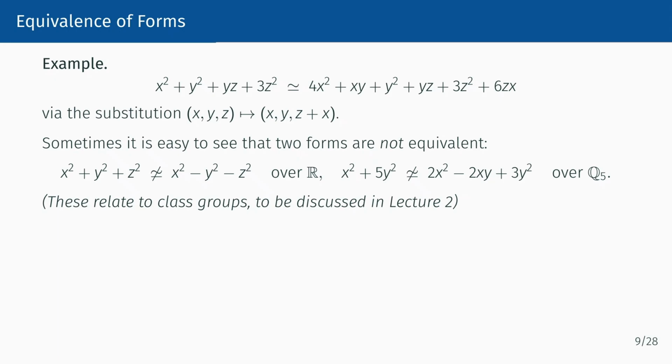On the other hand, for the other form, if you substitute something like (1, 0), you get 2, which is not a square modulo 5. So they don't represent the same numbers modulo 5. This property of not being equivalent with respect to the prime 5 is something one can characterize as these forms being inequivalent over a certain p-adic field, the 5-adic field.